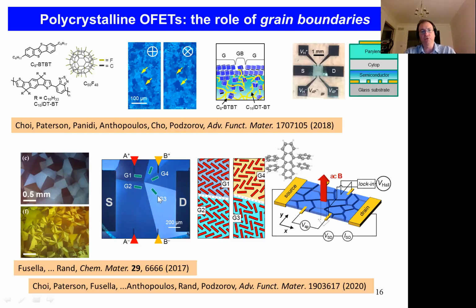Using polarized optical microscopy, you can determine the crystallographic orientation of individual grains, and therefore the type of grain boundary, the grain boundary angle, that you have in your channel. So you can study the effect of specific grain boundaries on transport or Hall effect in your device. This is what we were doing in this paper.